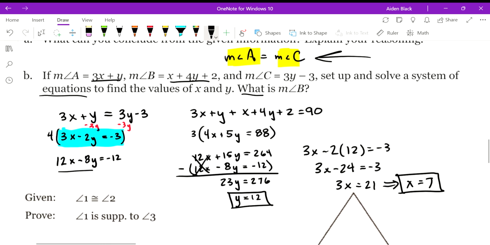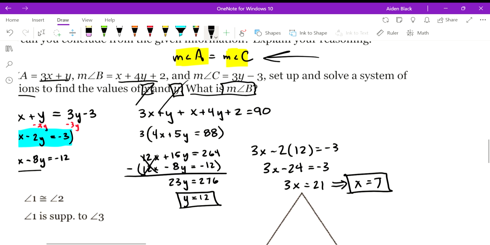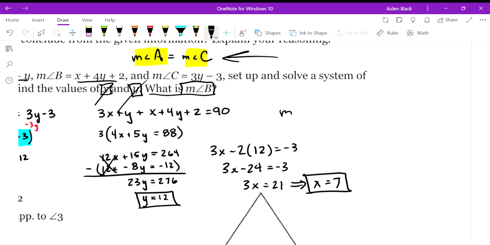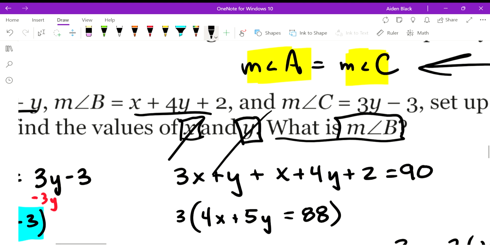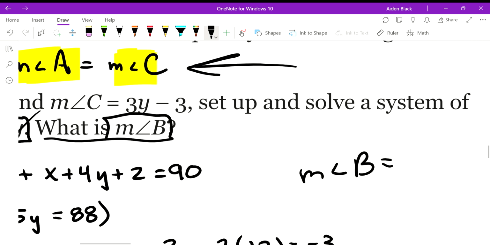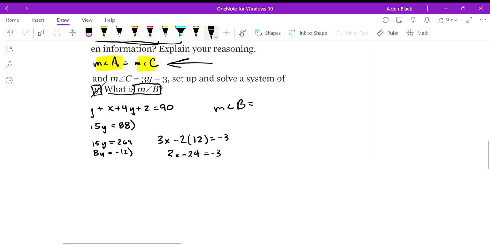Now, remember this question's asking for the measure of angle B. We already got x, we already got y. Now we need to find the measure of angle B. Well, they tell us that the measure of angle B is, and you can see it right here, x plus 4y plus 2. What's the value of x?